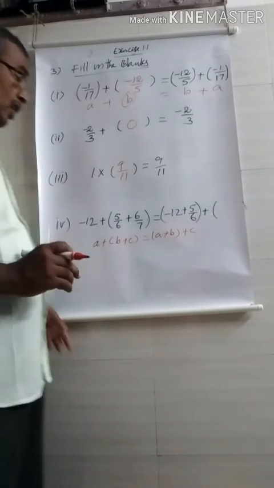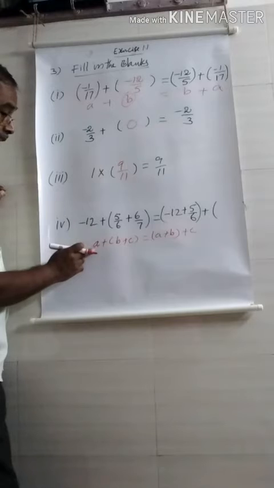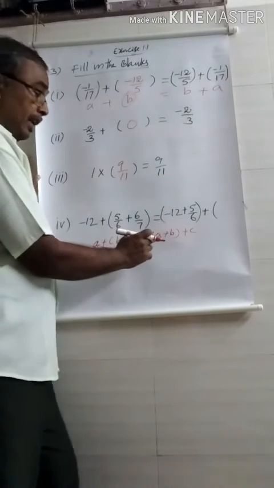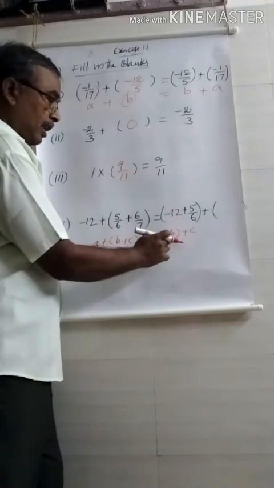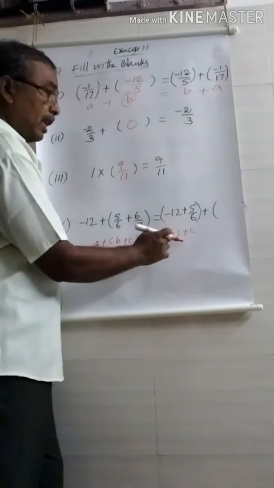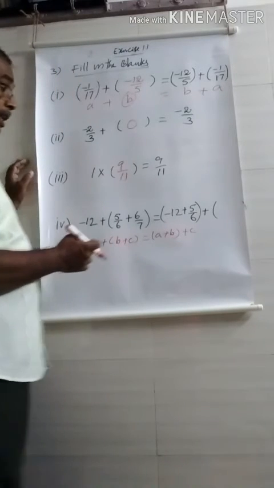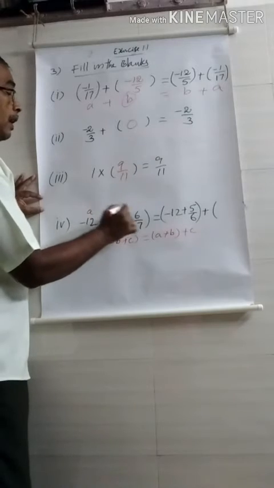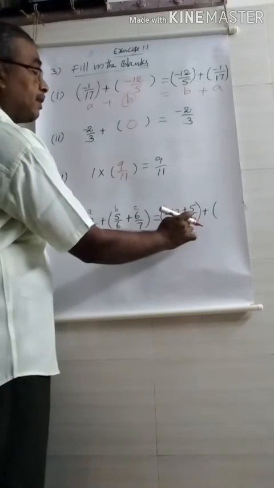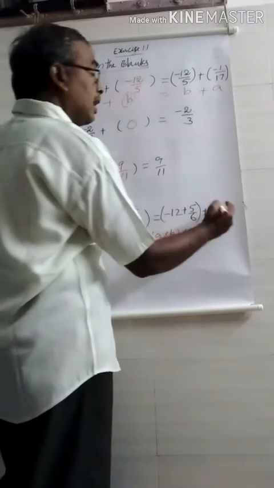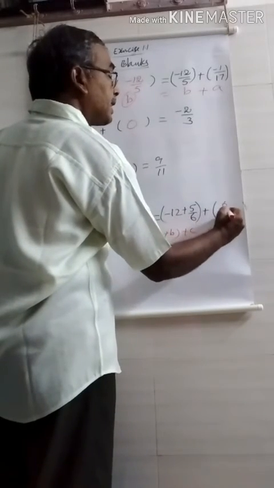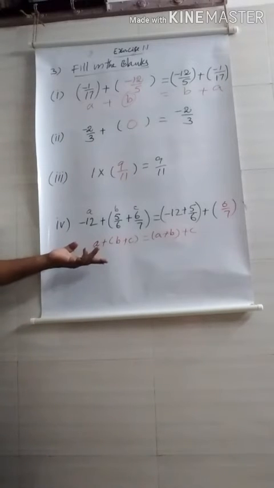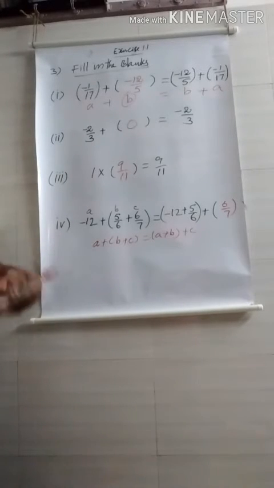After that we add C. So here also like that. -12 is A, plus 5 by 6 is B, plus 6 by 7 is C. Then here A plus B are summed first. Now what is in the place of C? This is A, this is B, this is C. This is A, this is B. Then what is the remaining one? C. So you simply write here 6 by 7. That's enough. What type of property is it? It is the associative property under addition. Okay.